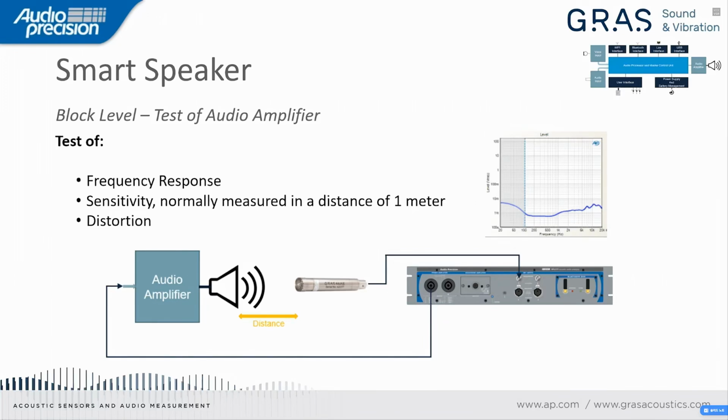So in this way, we are measuring frequency response. We are also measuring the sensitivity, and as mentioned before, the sensitivity is normally measured at a distance of 1 meter. We are also doing different distortion measurements in this way.